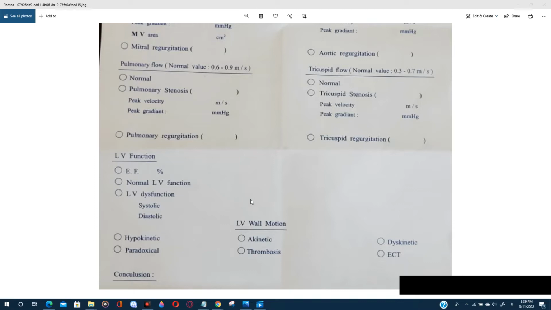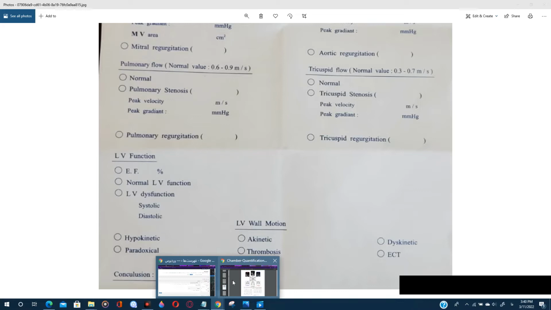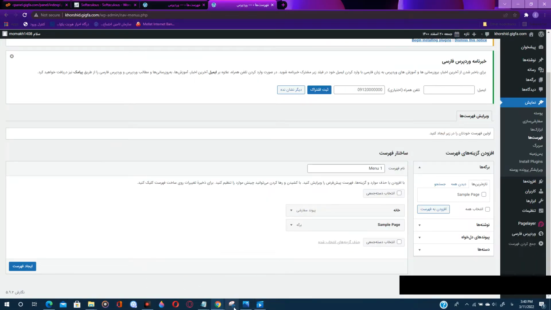If the contraction is reduced, we call it cardiac failure, heart failure, and it is very important in heart disease. The power of the heart depends on two items.